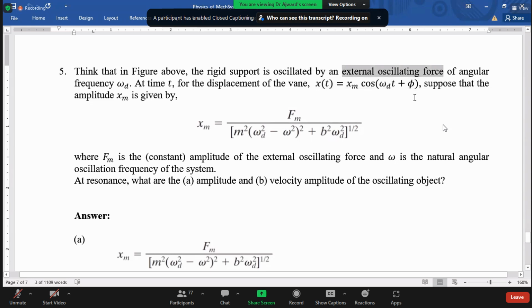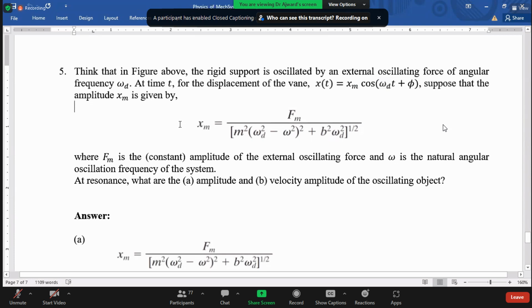So the omega d is the frequency of that vibrator. So the displacement can be written for such a forced oscillator as such. But as you can see, the frequency of such an oscillator is the driving frequency of the external oscillator.